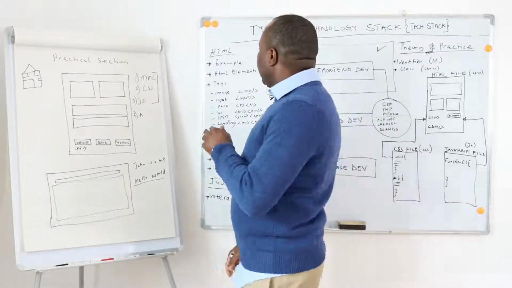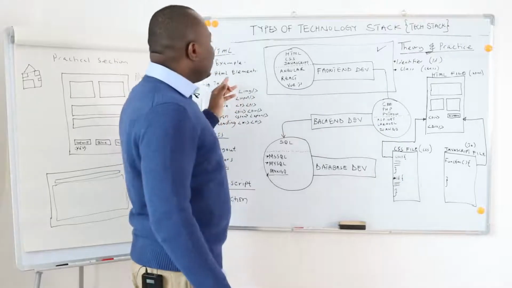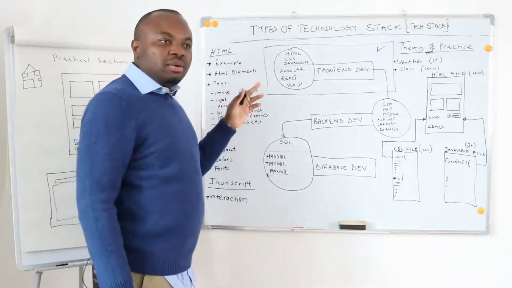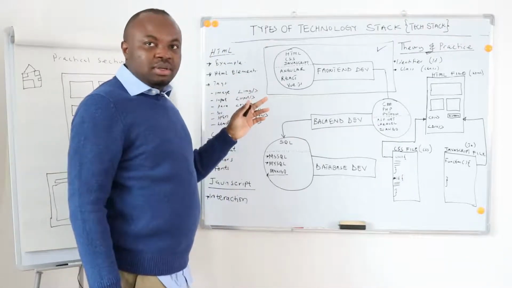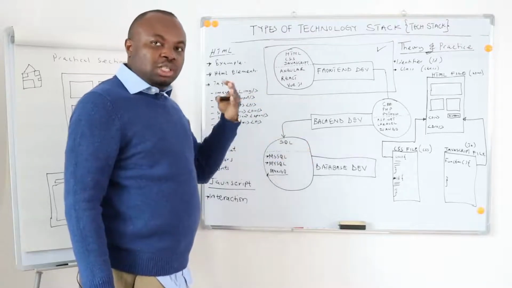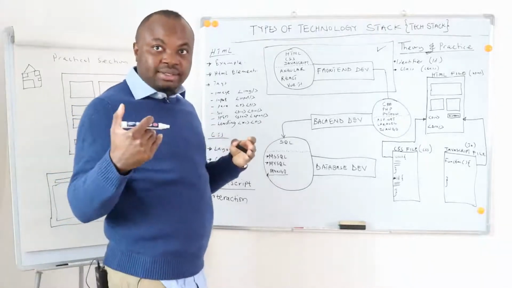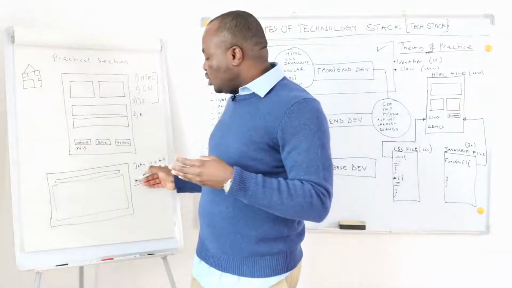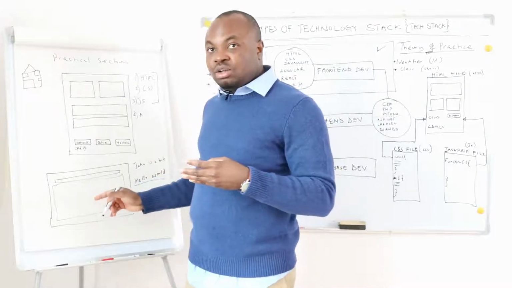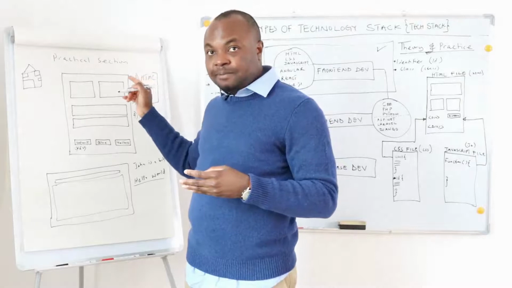Now the HTML is the core display mechanism for your browser. That is to say, any information you want to display on your browser, or any information you want to take from the browser, it's two ways. You can display information on the browser. You can also send information from the browser to the web server.